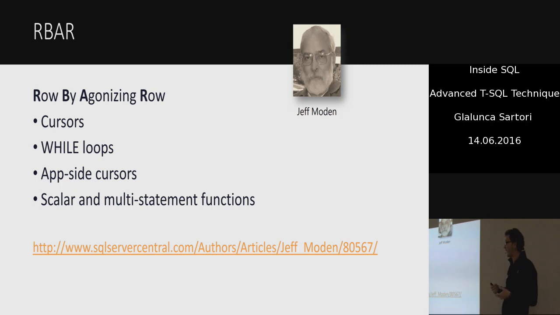Why is RBAR a bad thing? Well, we know that cursors don't scale well, but also the main reason why doing things one row at a time is not wise is because the execution strategy is fixed and it doesn't change when the data distribution changes.